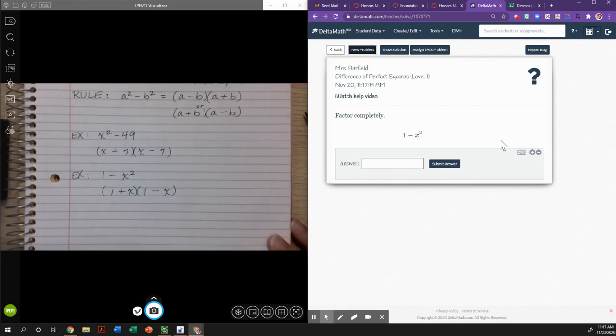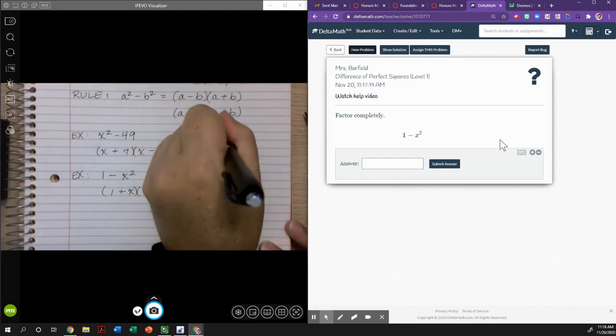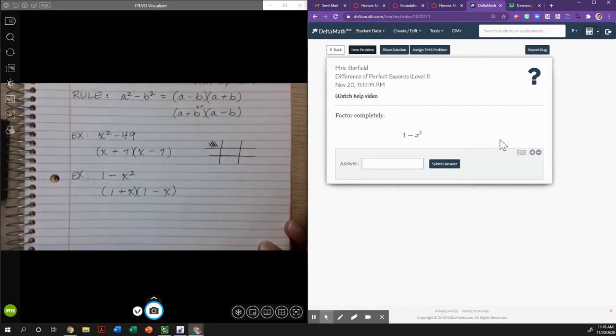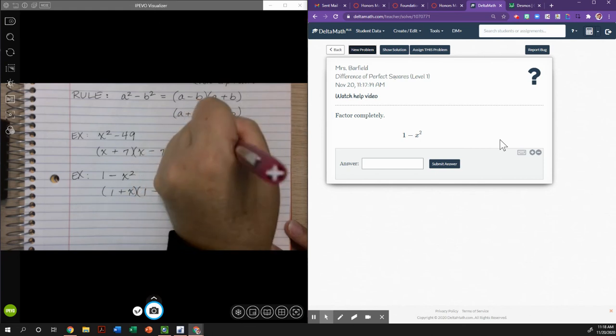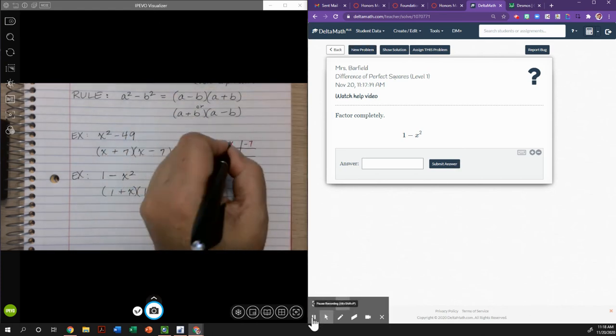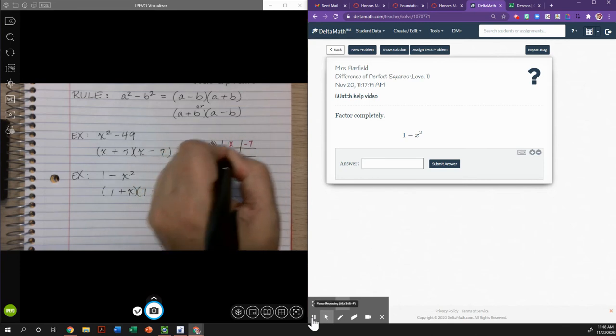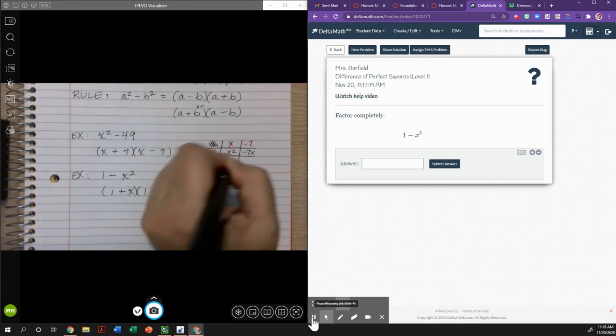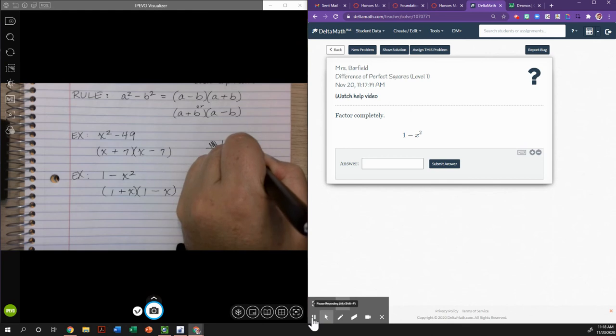Okay, so if you remember a couple of days ago, we started off this lesson with multiplying polynomials. So if I take my box and I put x plus 7 here and x minus 7 here, I'm now going to multiply. So x times x is x squared, x times negative 7 is negative 7x, 7 times x is 7x, 7 times negative 7 is negative 49.